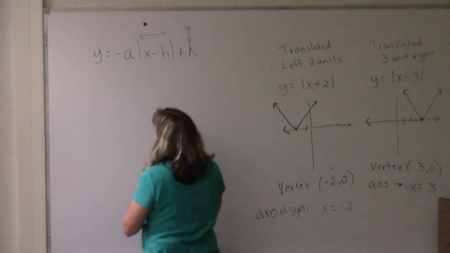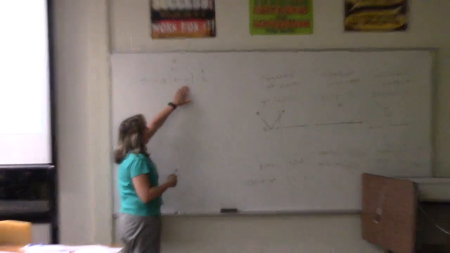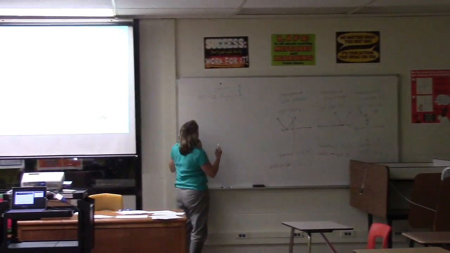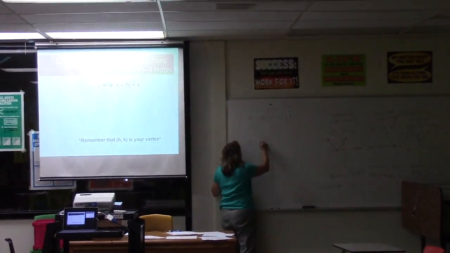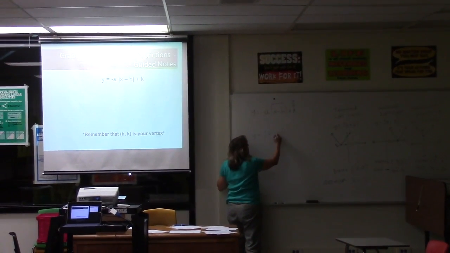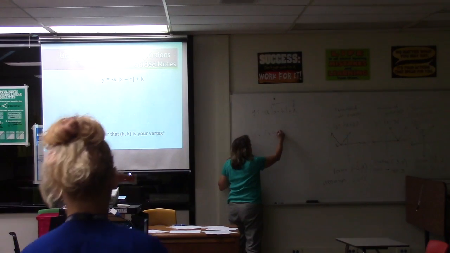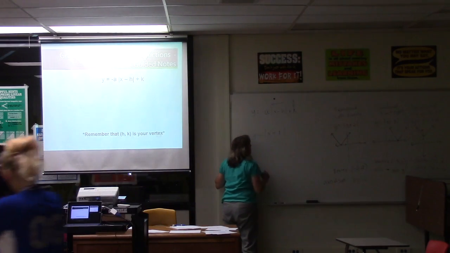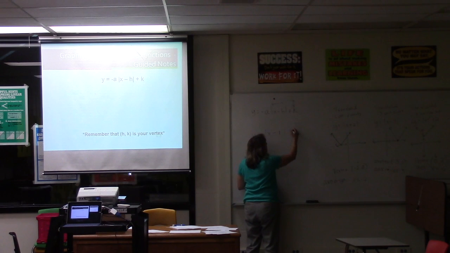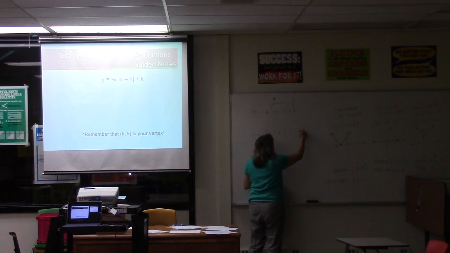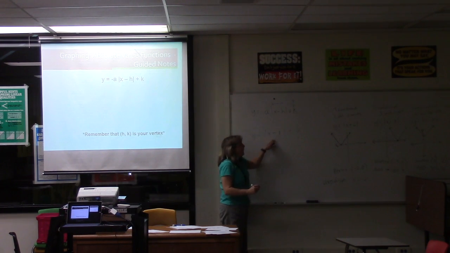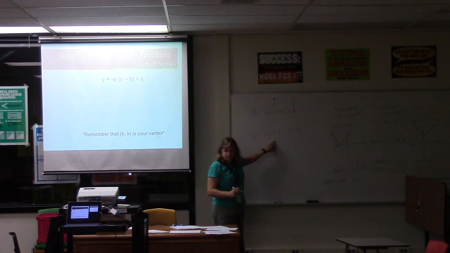I've got x minus h. So let's make this y equals the absolute value of x minus 1, plus 2. I'm just going to put some numbers in there.